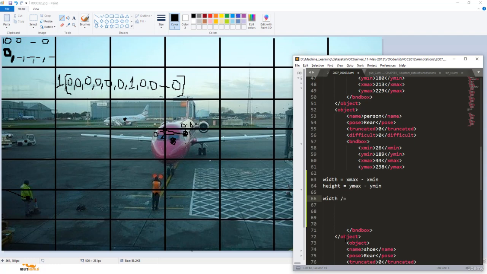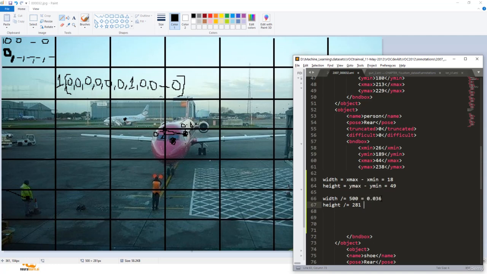So we have the width equals the width now divided by 500, and then the height is this divided by 281. So that's basically what we get. In this case, for example, we could do the calculation very quickly. We have x max minus x min, 44 minus 26, which gives 18, and dividing by 500, 18 divided by 500 gives us 0.036.